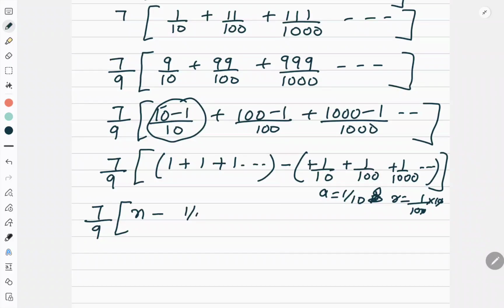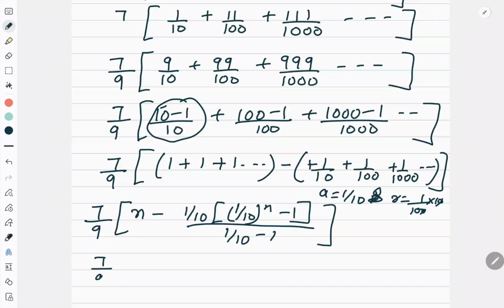A, r to the power n minus 1 upon r minus 1. Correct? So 7 by 9 n minus 1 by 10, and here if I take the LCM, it will become minus 9 by 10.